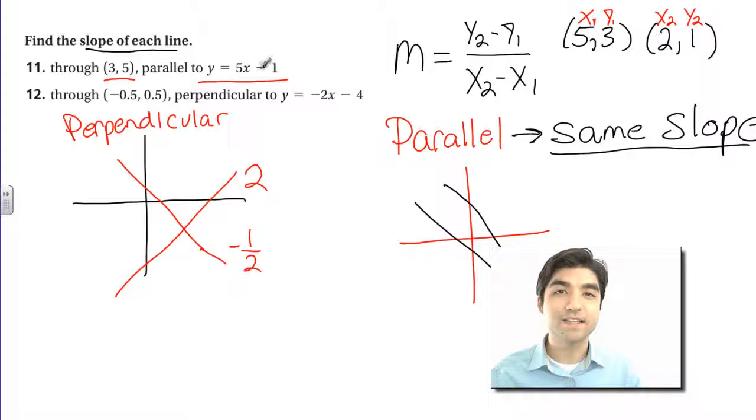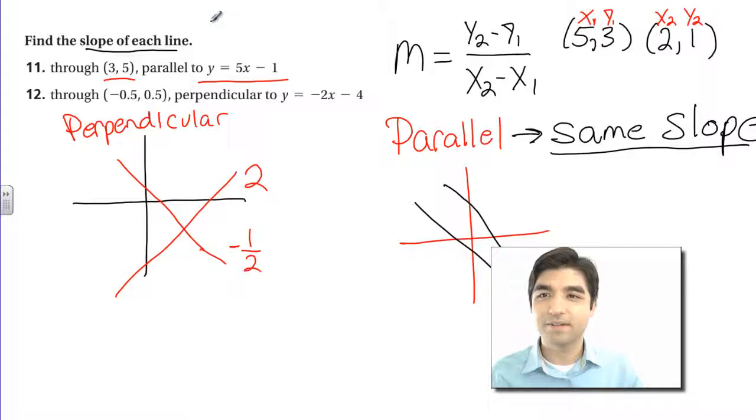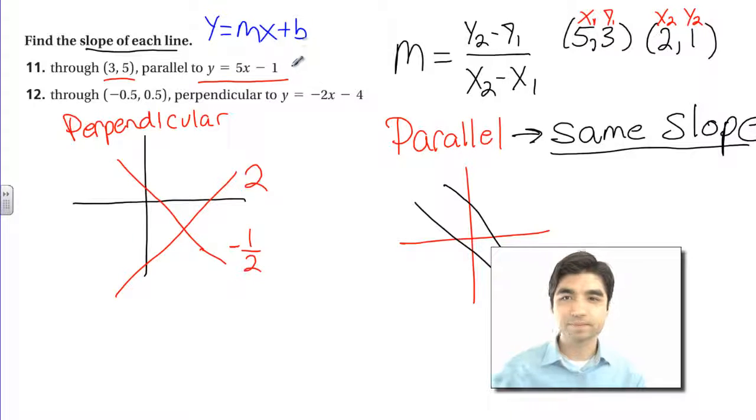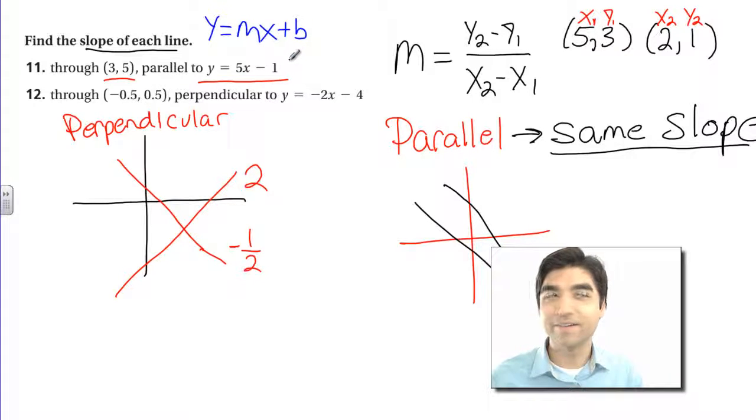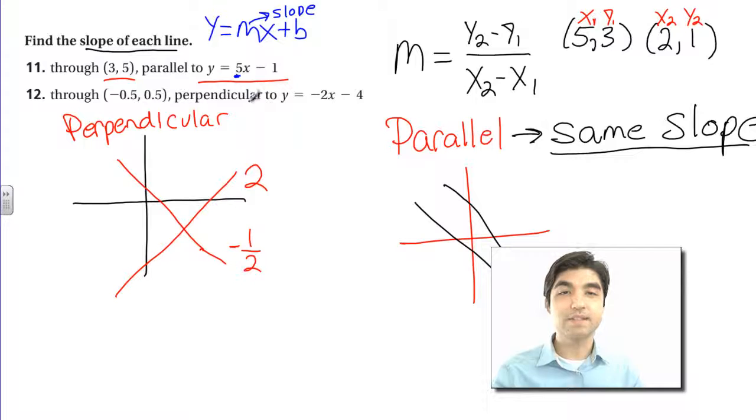Now this line is in the form of, okay, here's another concept, y equals mx plus b. Does that ring a bell? The m here is your slope, which is perfect because then we have our slope right here for this line.